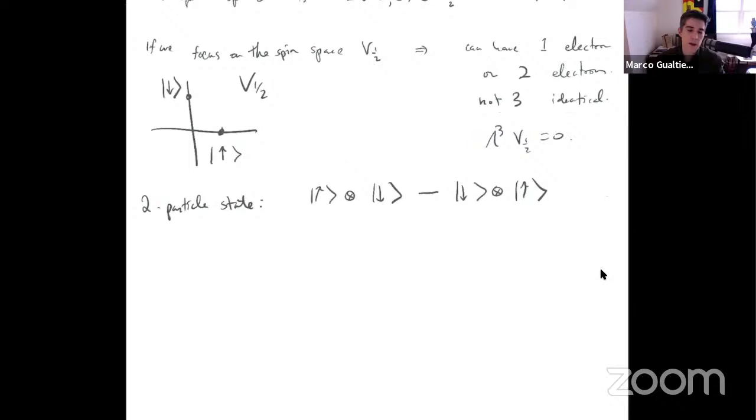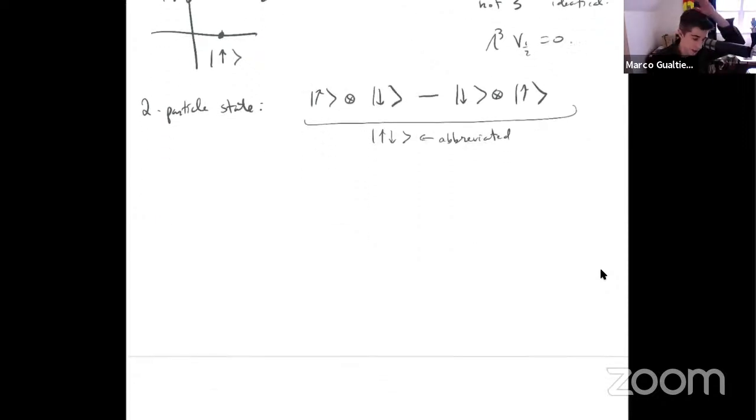This is the only possible multi-particle state of an electron. So this is usually abbreviated like this.